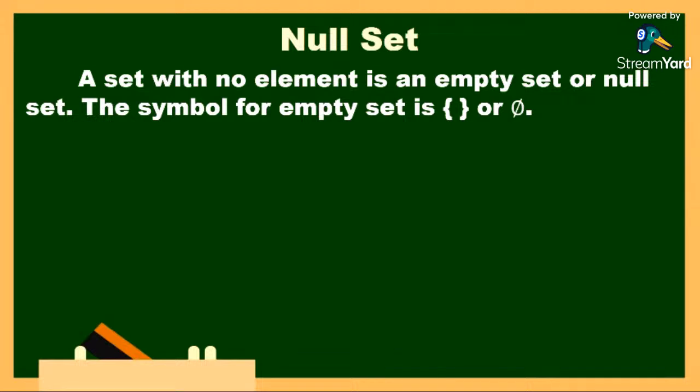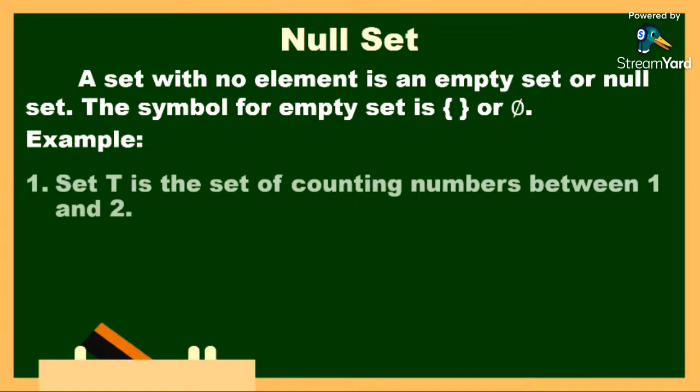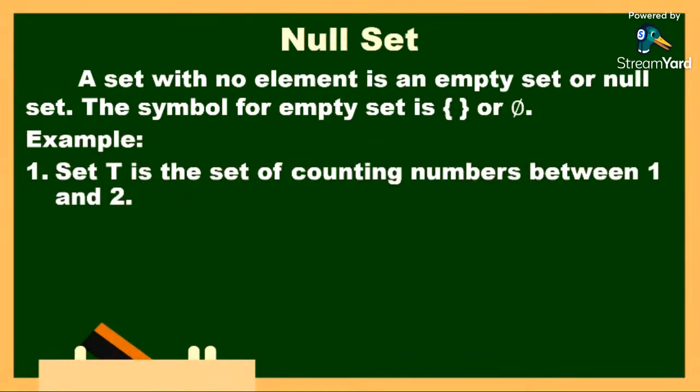Okay, halimbawa po ng null set ay, number 1, set T is the set of counting numbers between 1 and 2. So, bakit siya naging null set? Kasi, sabi dyan, set of counting numbers between 1 and 2.